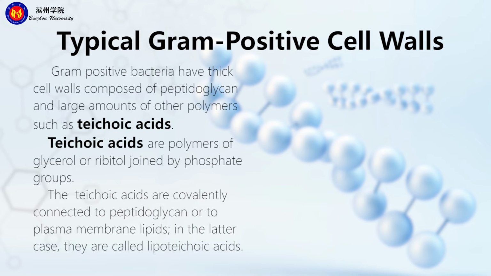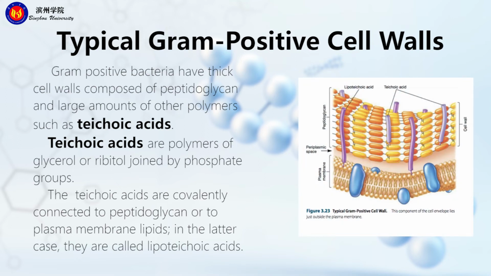The teichoic acids are covalently connected to peptidoglycan or to the plasma membrane. In the latter case, they are called lipoteichoic acids because they connect to the plasma membrane lipids. You can see the teichoic acid on the picture.